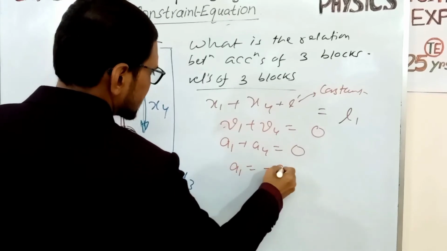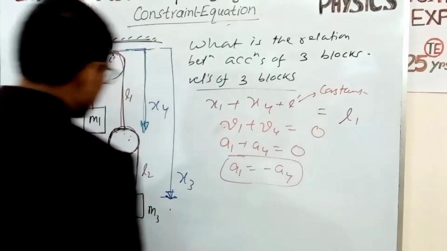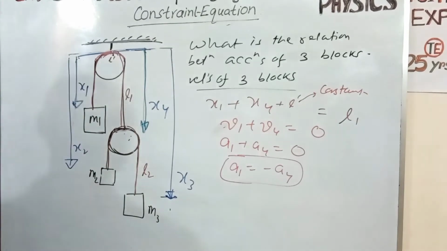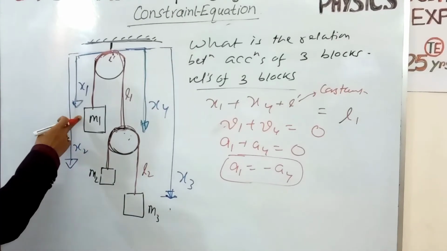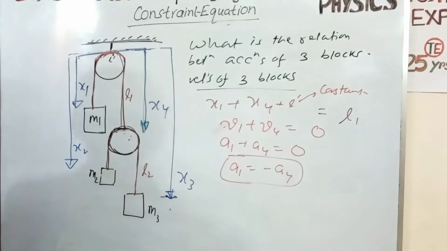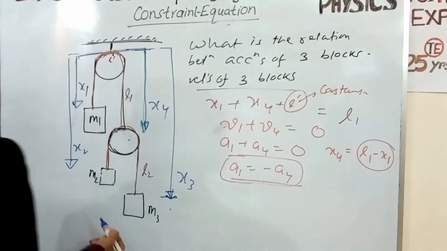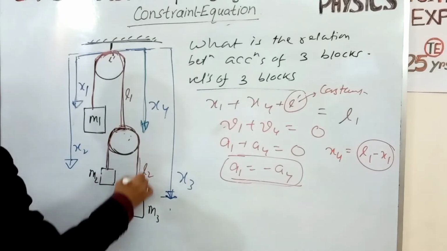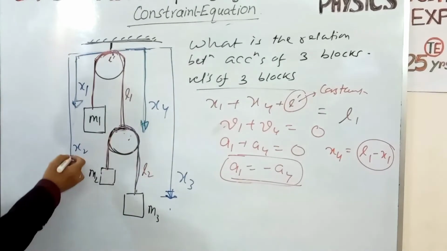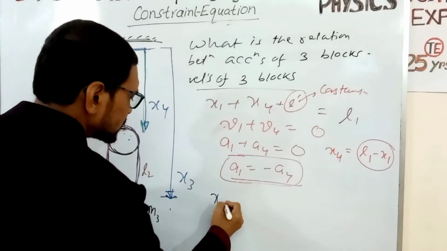Now a1 equals minus a4. So a1 and a4, that is, these accelerations are equal but opposite. If the block moves upward, then this pulley moves downward. Now what is the length of this string? This part is x2 minus x4.